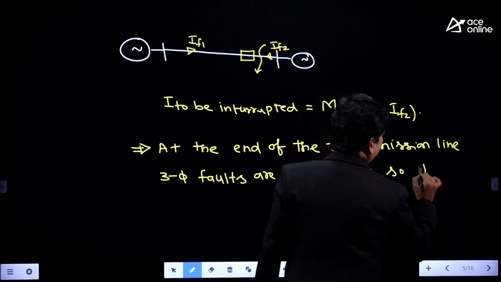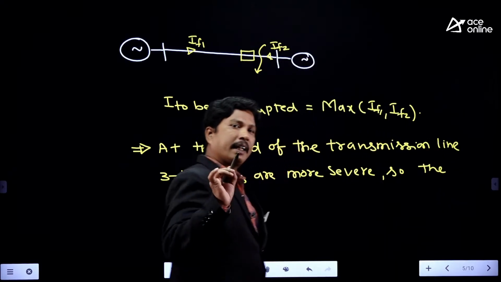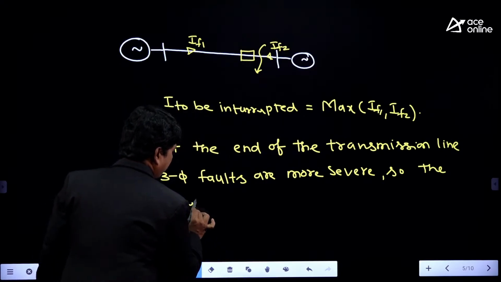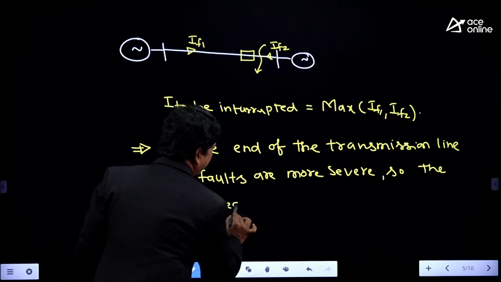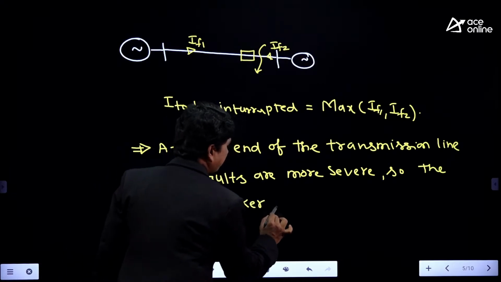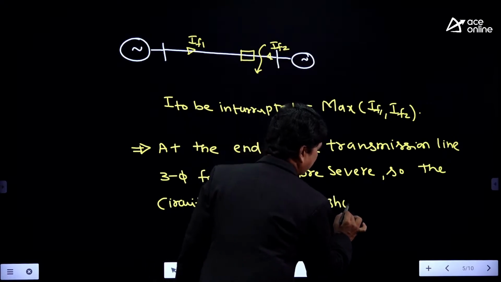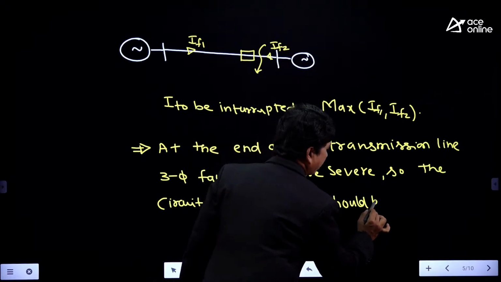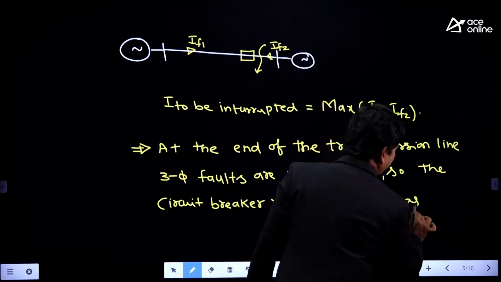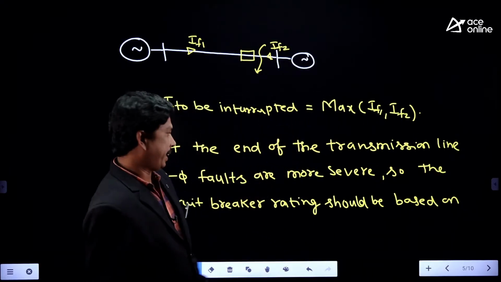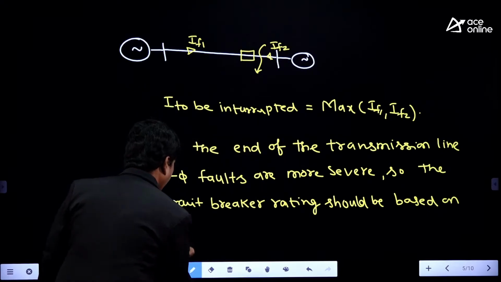So the circuit breaker rating should be based on symmetrical fault currents.